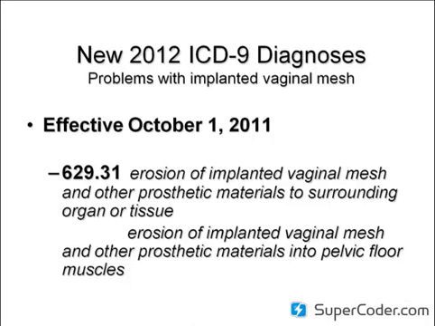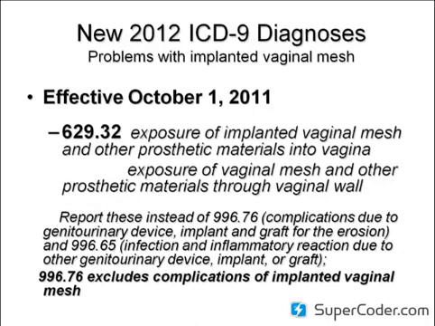We are also told by the ICD-9 manual for 2012 that we should report these two new ICD-9 codes, 629.31 and 629.32, for their particular problems of the mesh instead of code 996.76, complications due to a genitourinary device and graft, and also in place of the code 996.65, infection and inflammation of a graft.